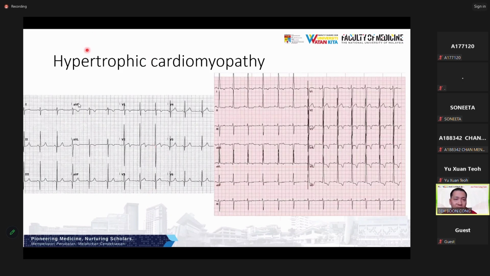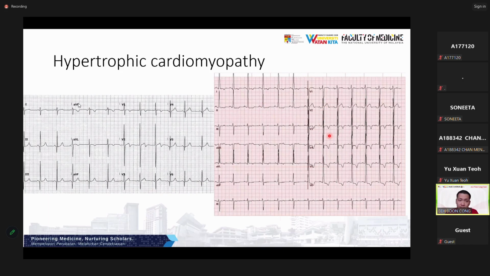So when you have hypertrophic cardiomyopathy, the ECG usually looks like an LV strain pattern, as when you have left ventricular hypertrophy. You can use the voltage criteria or the appearance of the ECG. You can see that there is T wave inversion, more on the lateral leads. Then you look at the QRS, the voltage is very tall.